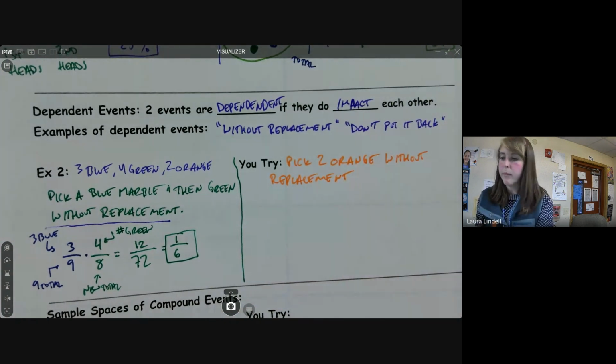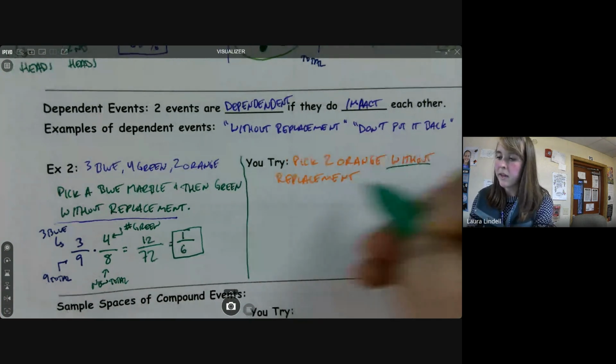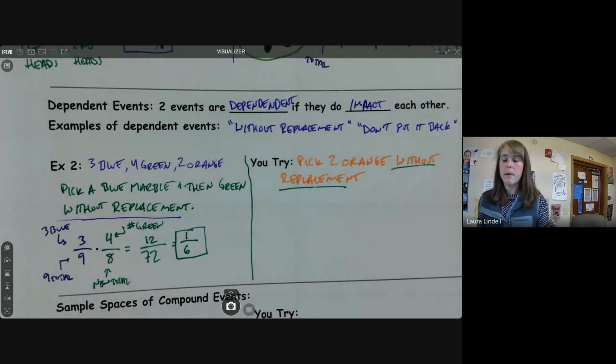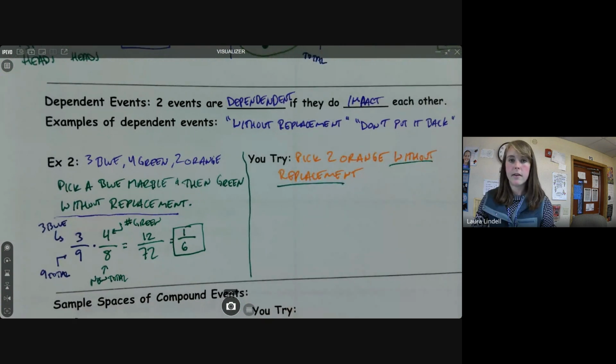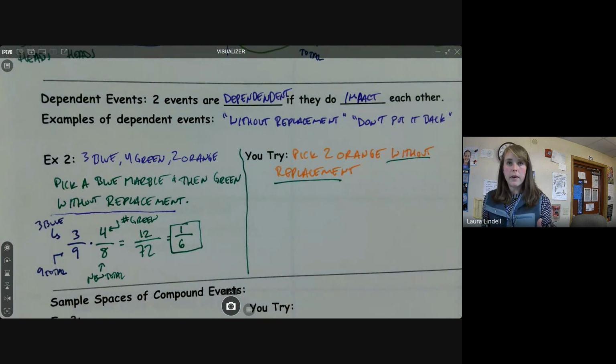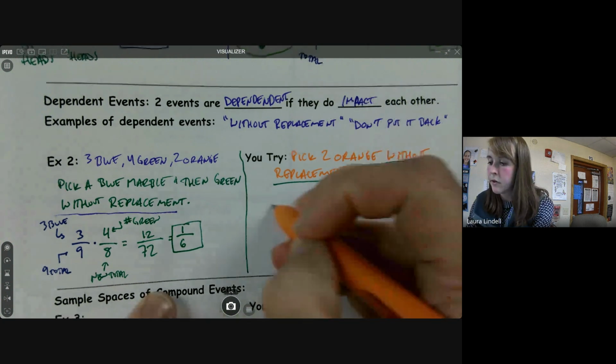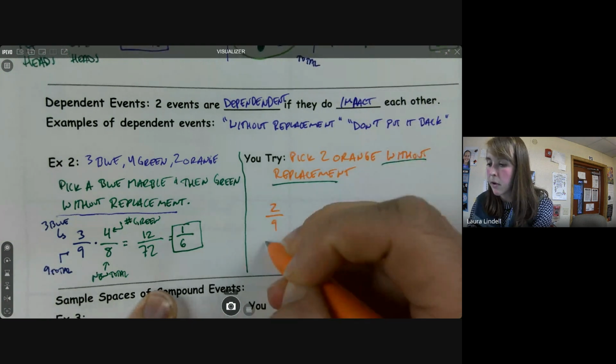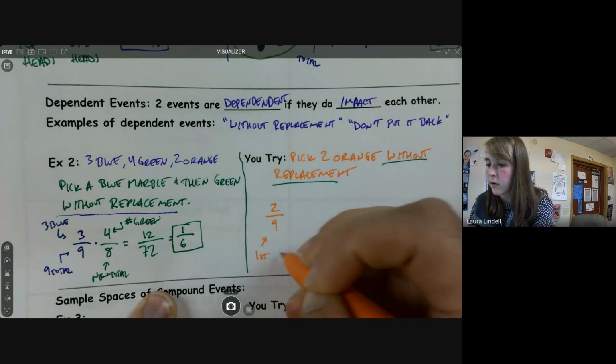All right, so again, we see those words without replacement, and we know we're dealing with dependent events. So what's the probability of picking an orange one the first time? Well, there's 2 orange ones in the bag, and there's 9 total in the bag. So 2 over 9 is the probability of the first orange.